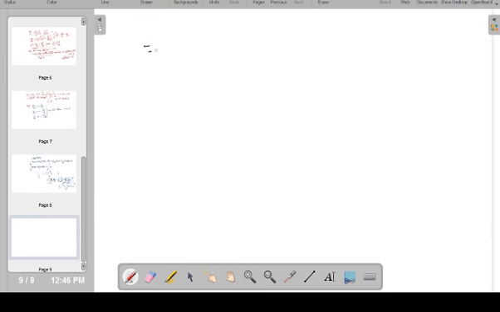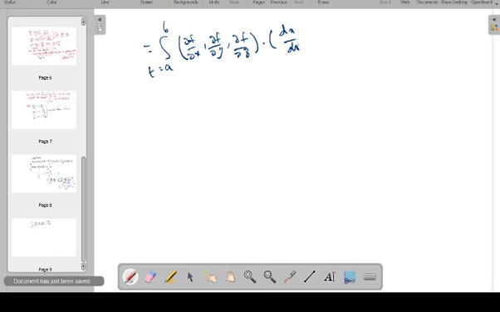This is the integral for t from a to b of the vector (∂f/∂x, ∂f/∂y, ∂f/∂z) dotted with (dx/dt, dy/dt, dz/dt) times dt.